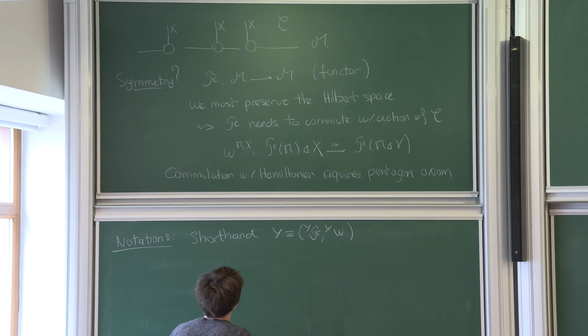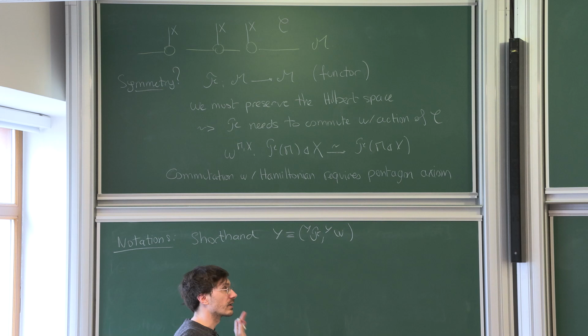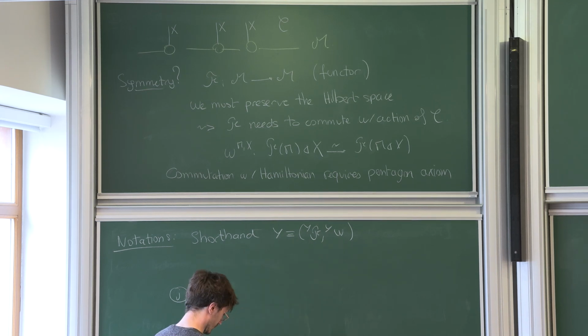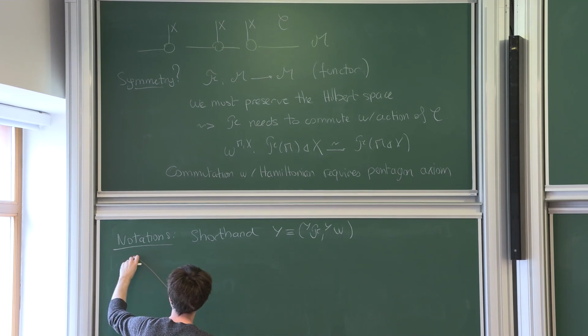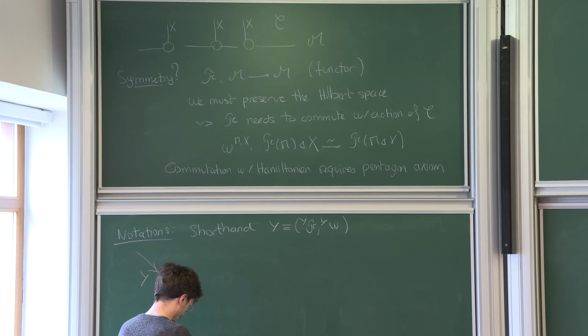I want to write this action of F graphically, relying as much as possible on what we've already done. I'm going to try to be consistent and write these new types of lines in red. This one is labeled by Y.